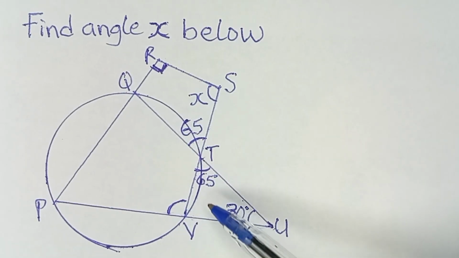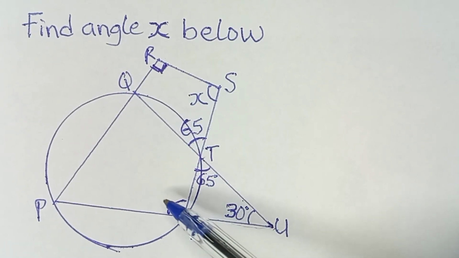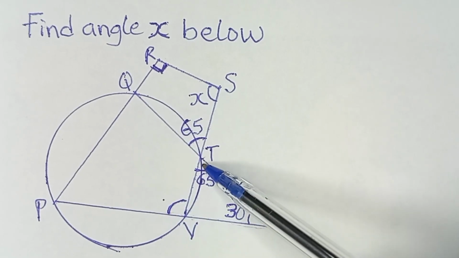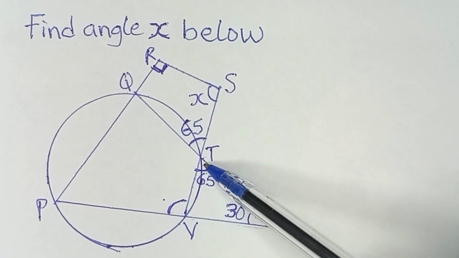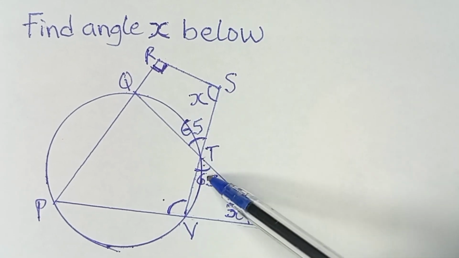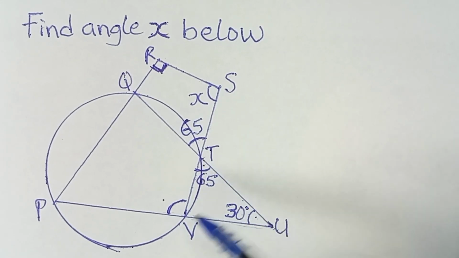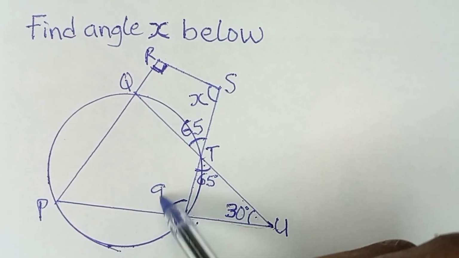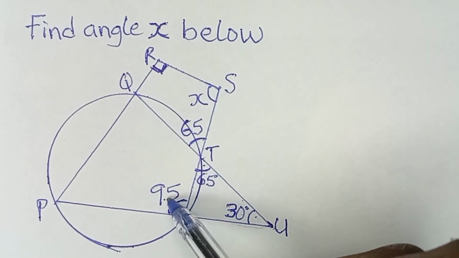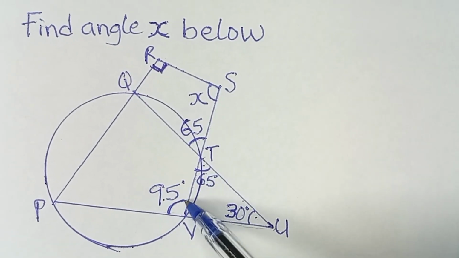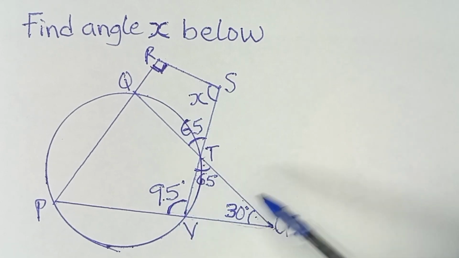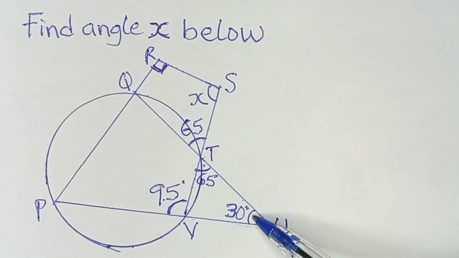So the theory that we have to apply here now is that the exterior angle of a triangle is equal to the sum of the two opposite interior angles. So adding these two together, 65 plus 30 will give us 95. So that means this angle here is 95 because the exterior angle of a triangle is equal to the sum of the two opposite interior angles.